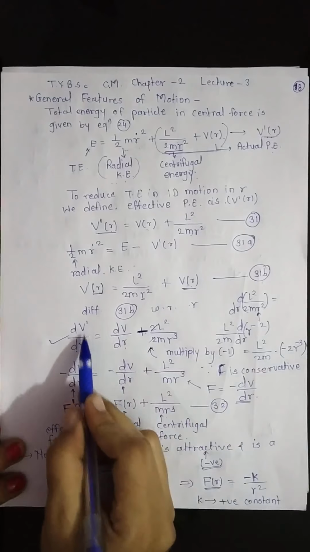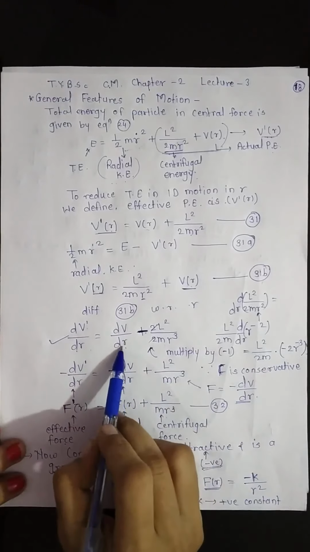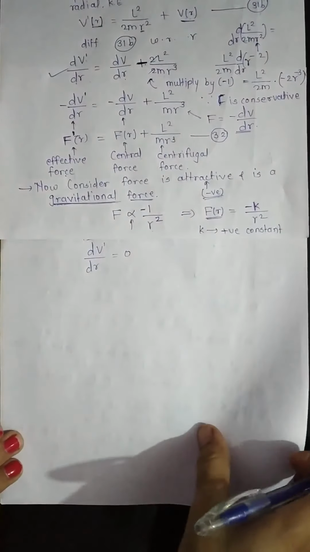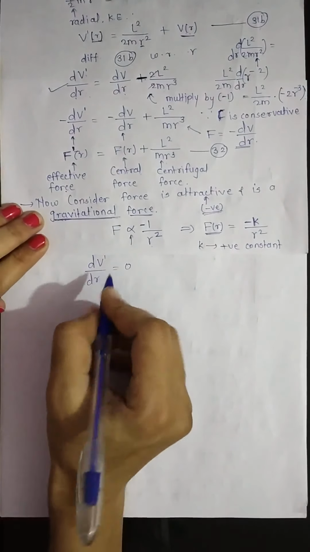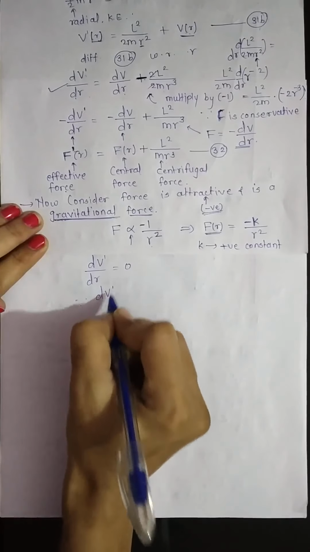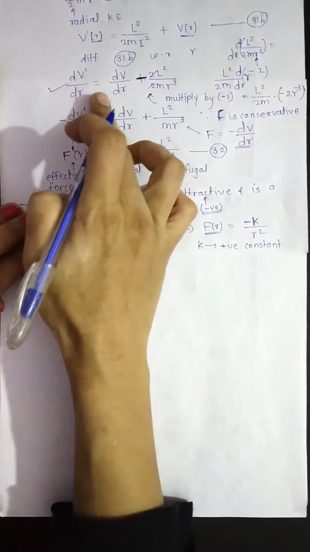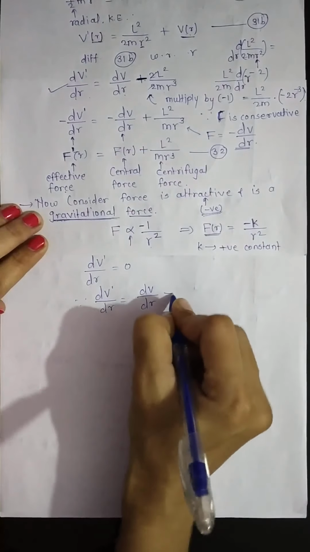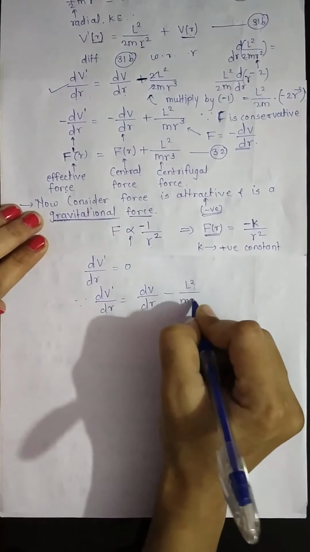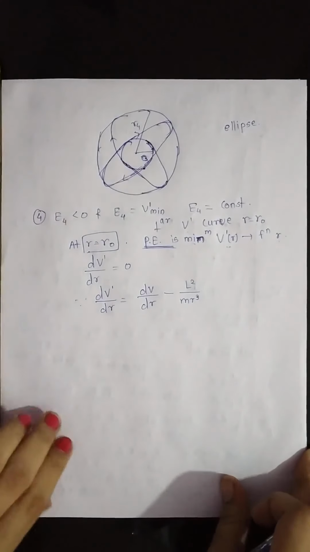Now see here, we already have this differentiation. Now we will equate it to 0. So let me write this equation on the corresponding page. We will use the equation dV dash upon dr equals dV by dr minus L square upon m r cube. So I will require this equation, that's why I have written it over here.